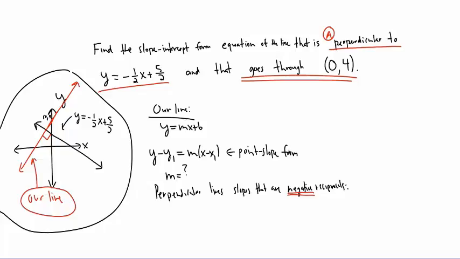You see that one of them will have positive slope and one of them negative slope.